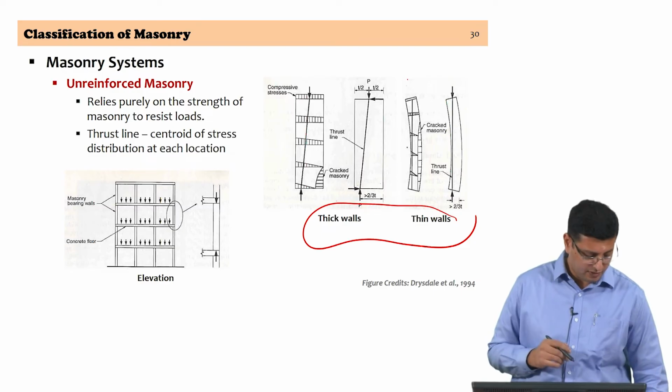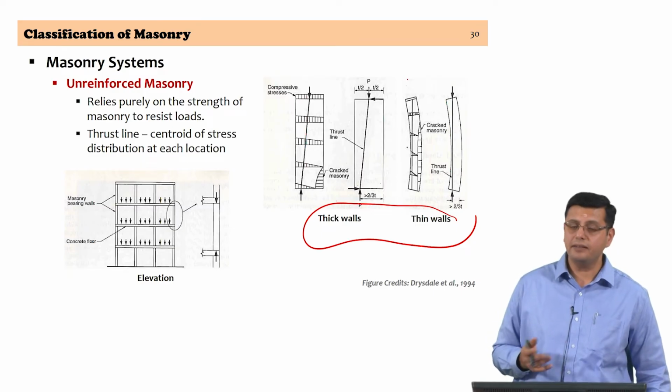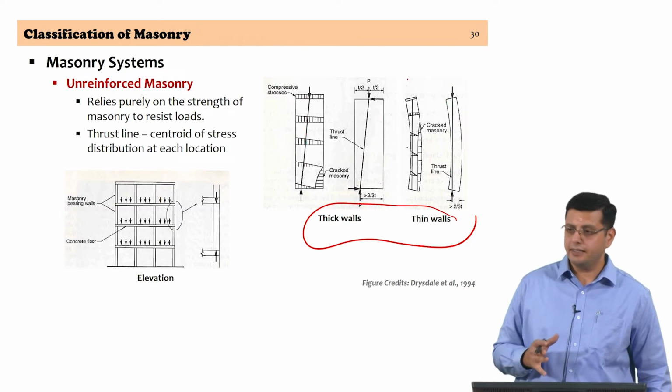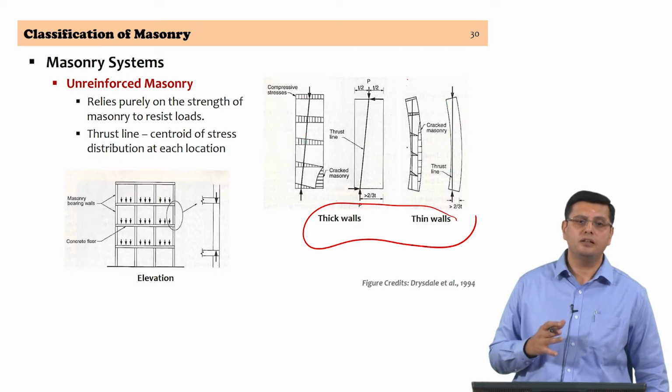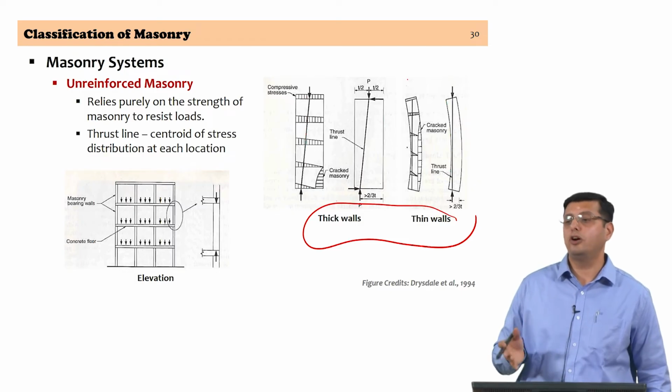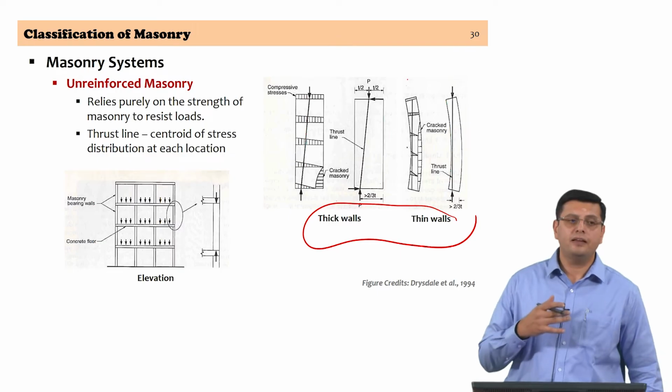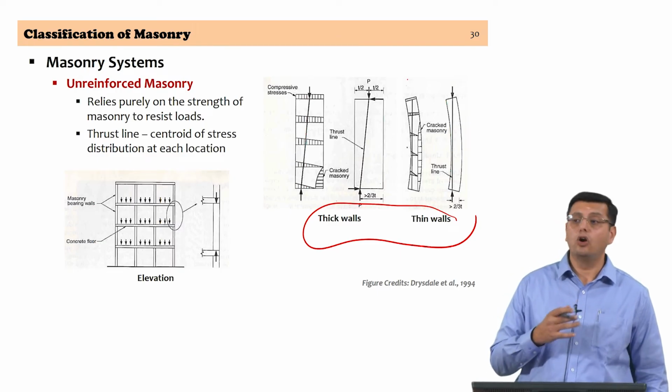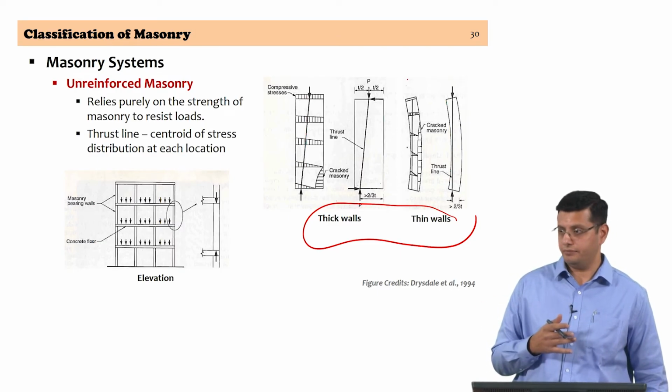So, this is definitely the first category. This category, because of its notoriously poor performance under earthquakes, has been almost outlawed in a few countries.